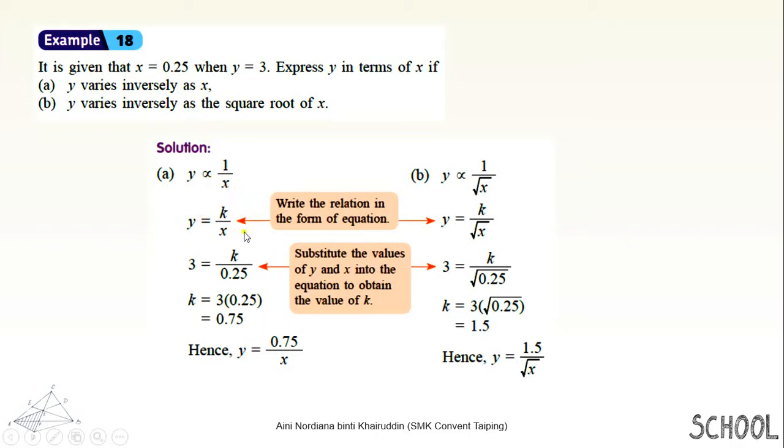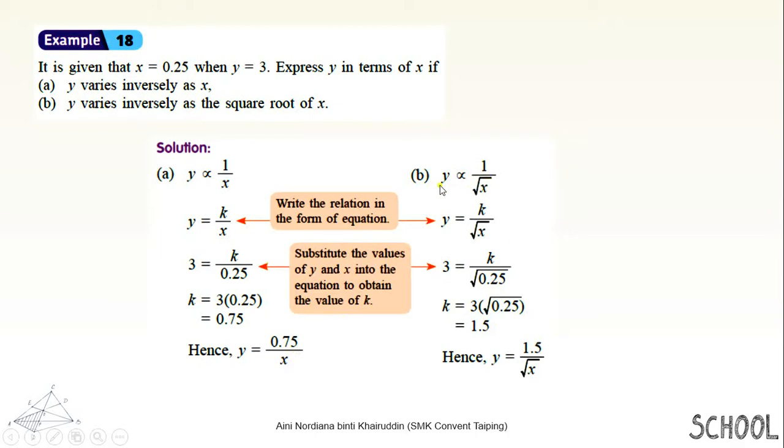Then write the relation in the form of equation by adding k here. Then substitute the values of y and x from the given values. Then you'll get the value of k. Hence, substitute the value of k into the formula. So y equals 0.75 over x.